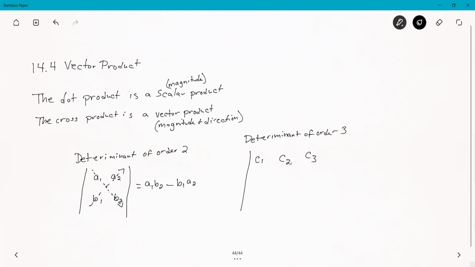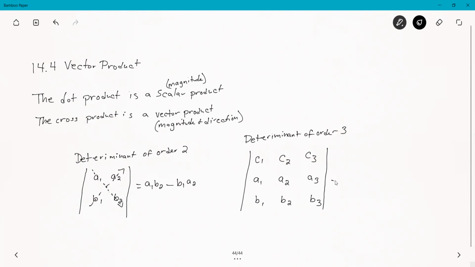Whatever variable we're talking about here, it's going to be the 1, 2, 3. And then we're going to have a sub 1, a sub 2, a sub 3. Then b sub 1, b sub 2, b sub 3. This is going to be written a little bit differently each time, at least if we're showing it in kind of the abstract form.